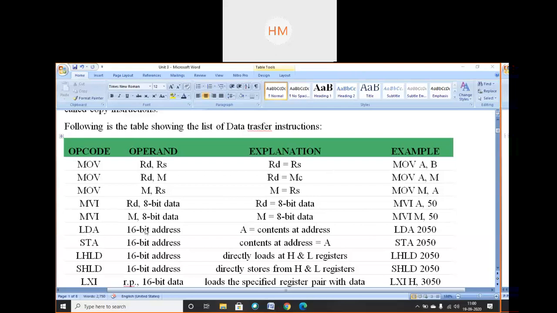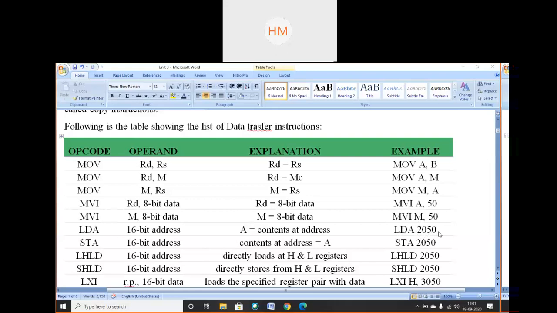Next instruction is LDA, load accumulator with the data at the 16-bit address mentioned in the instruction. Opcode, operand, explanation and example. So how it will be written: LDA 2050 hex.